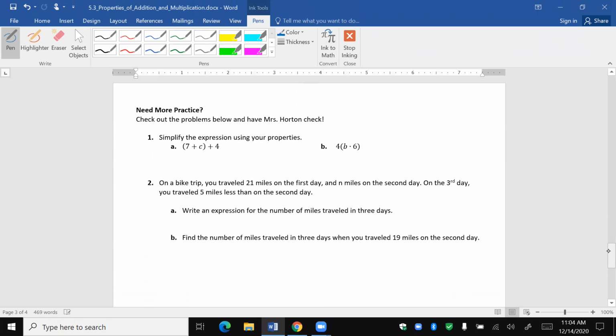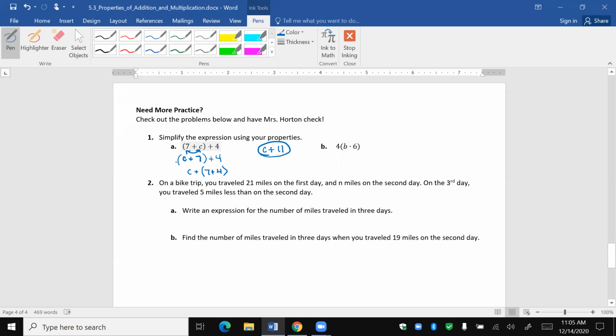All right, last little bit here. We'll go ahead and pause and you can try these couple. Okay, on A, I need to switch the order of these two first. So I'll have C plus 7 and then plus 4. Then I can slide those parentheses over. So C plus 7 plus 4 in parentheses would give us C plus 11.